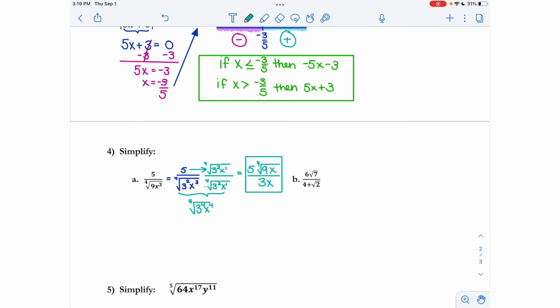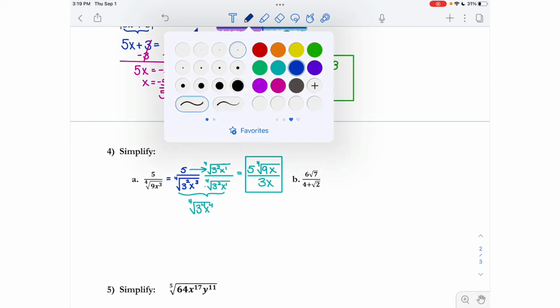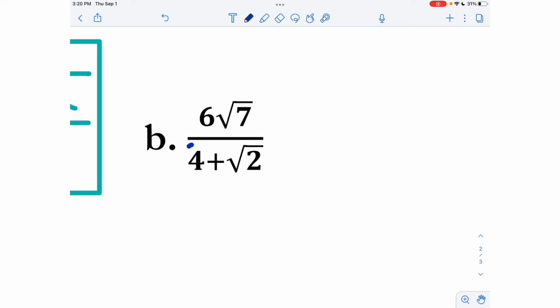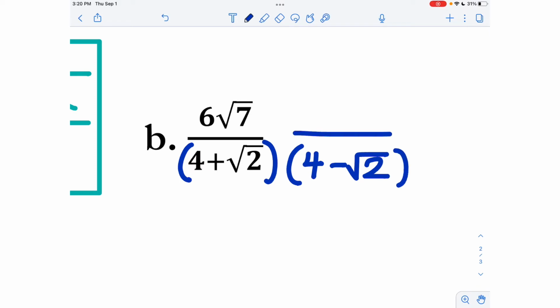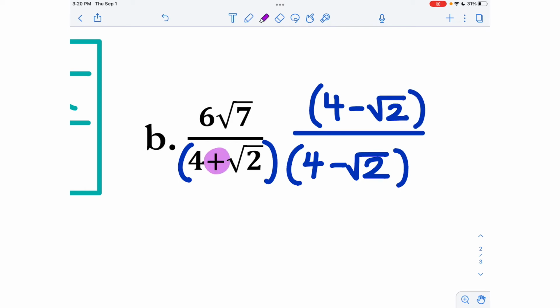All right, part B, another rationalizing problem, but this time I have a binomial, which means I have to use the conjugate. So I'm going to multiply the bottom and the top by 4 minus root 2. You simply change this sign. Whatever it was, if it was positive, then it turns to negative.